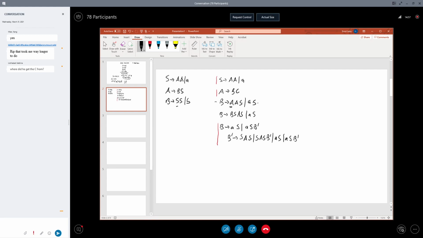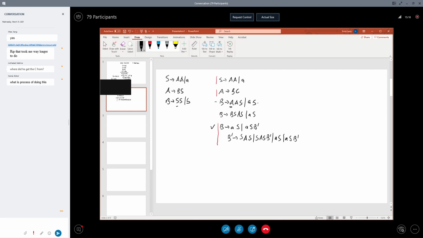All right. Okay. So now we have the B, which starts with a terminal and has nothing else. Then we have to do the BAP substitution.